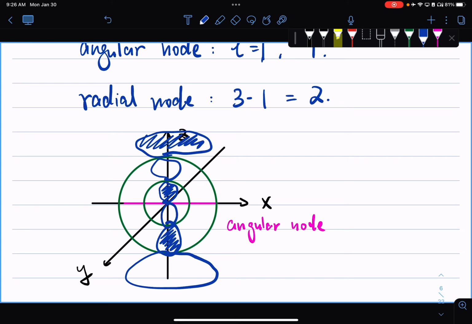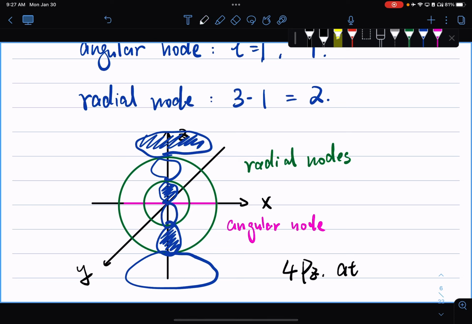All right, so the green ones are my radial nodes, and this is my 4pz atomic orbital.